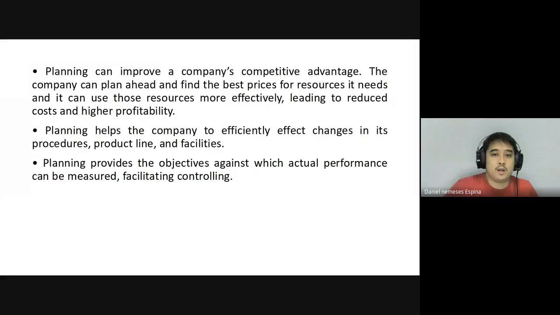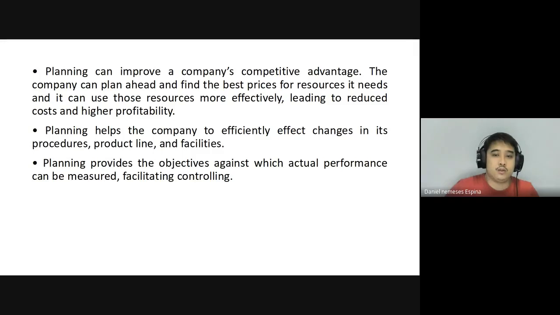So who will move first usually, and who will succeed? Those companies that plan ahead usually can have the best data, and since they have the best data, they can make the best decisions.